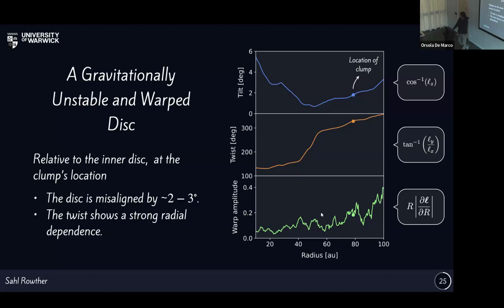And when we look at the warp amplitude, it shows how steeply the warp is changing over the disk. These small warp amplitudes show that it's a minor warp in the disk, and it's a continuous warp, so the disk is not going to break anytime soon.